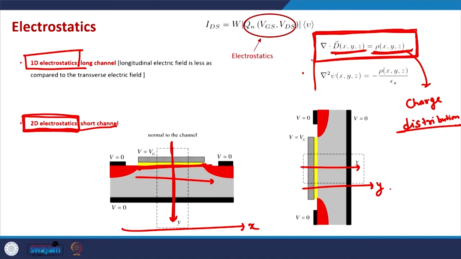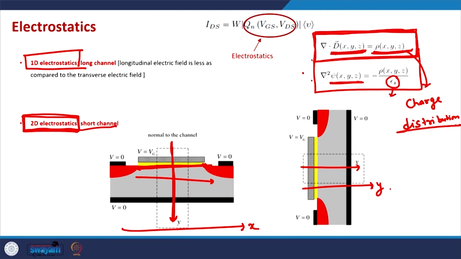So, generally in the electrostatics of MOSFETs, this equation is solved. This is just an expanded version of this equation. In this, instead of the electric displacement vector, we have this potential field, and this epsilon is the dielectric constant of the semiconductor through which we are trying to do the electrostatics.